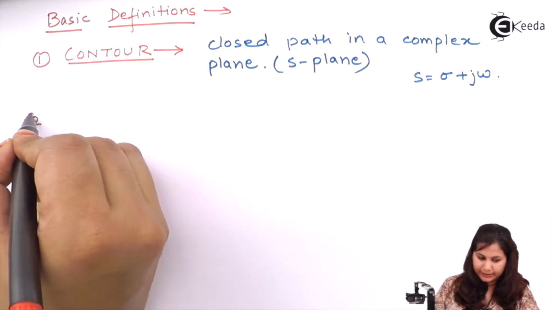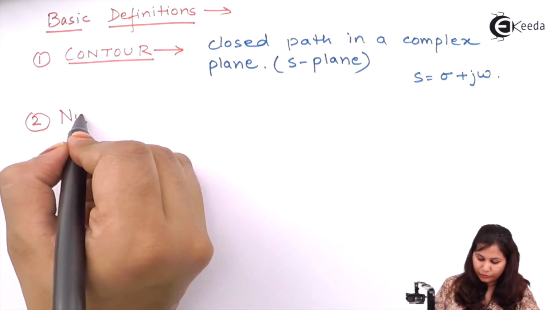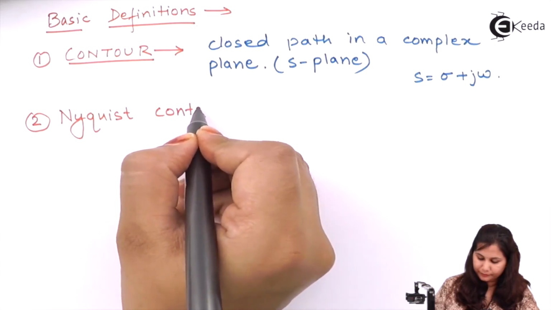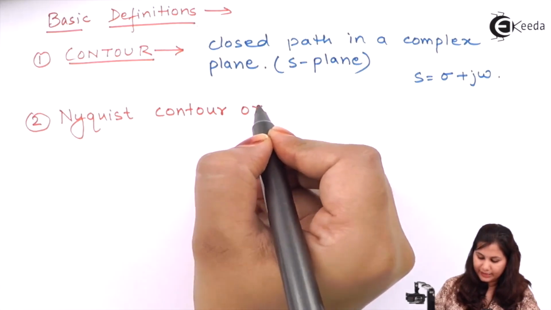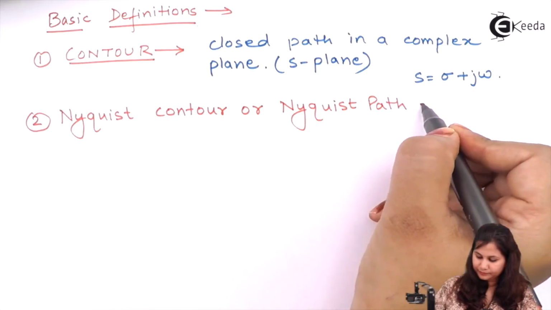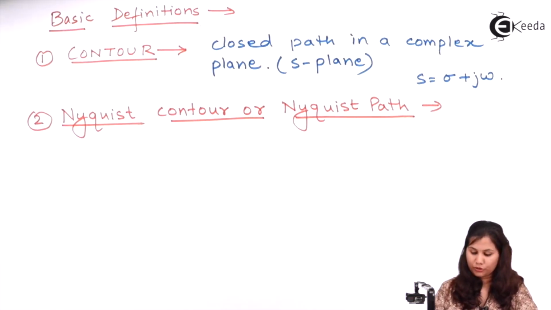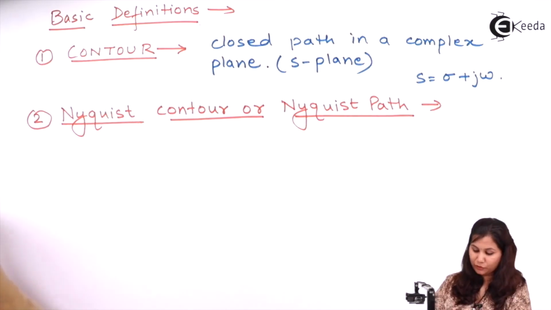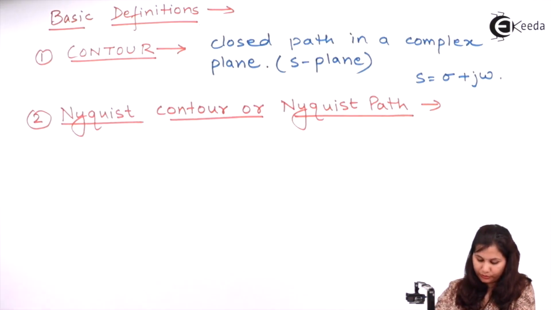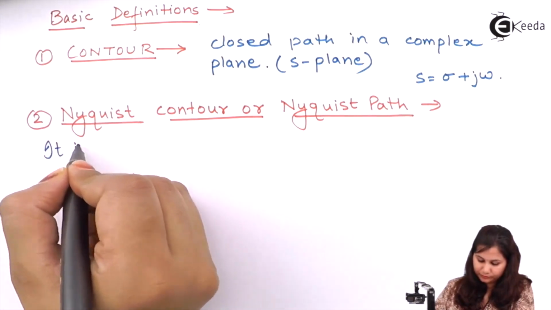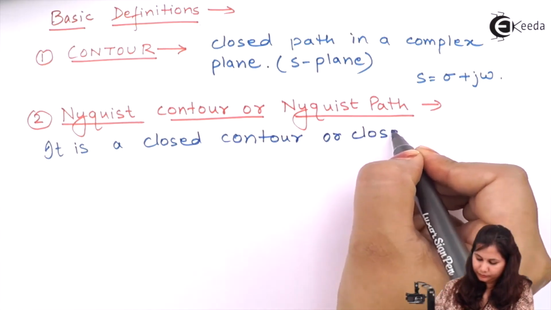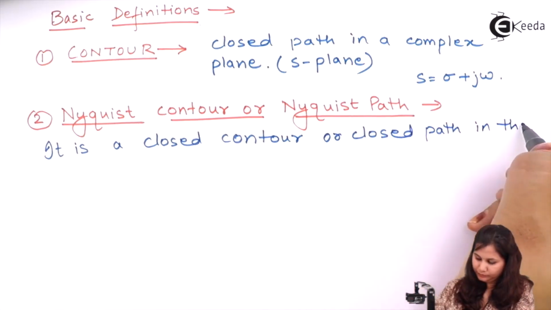Second term is Nyquist contour, or we can say Nyquist path. Okay, so what is a Nyquist contour or Nyquist path? It will also be a closed path or closed contour in the S plane.